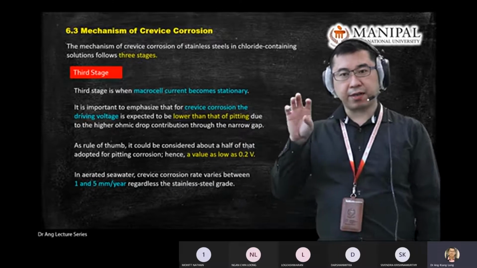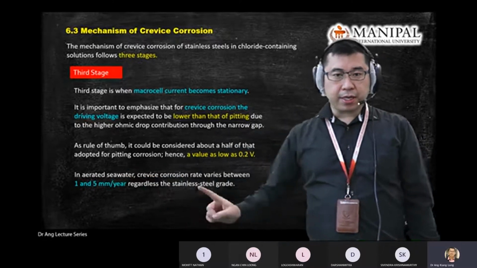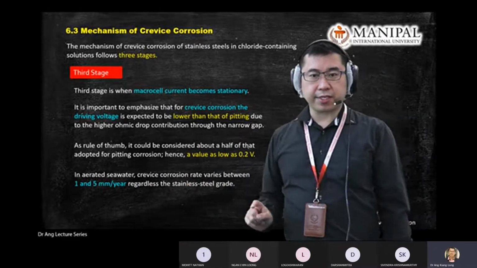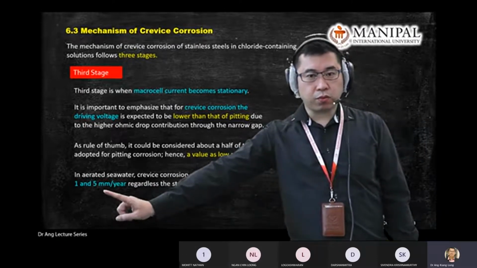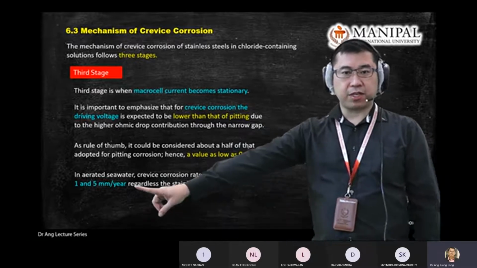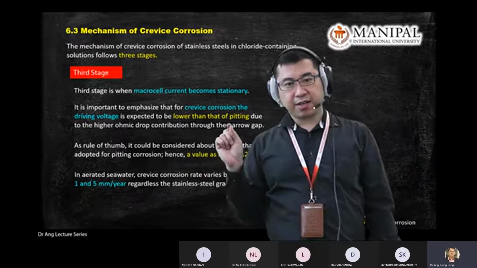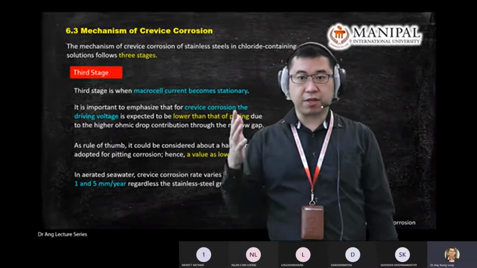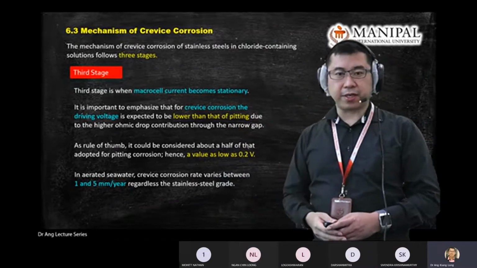It can eat the material 1 mm to 5 mm a year, regardless of what type of stainless steel you use. It's quite a lot. If you're in the shipping industry, this can destroy the shield of the ship body.